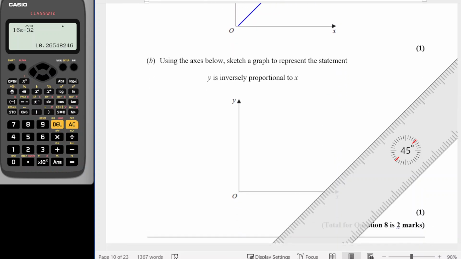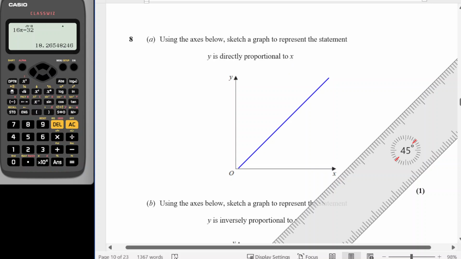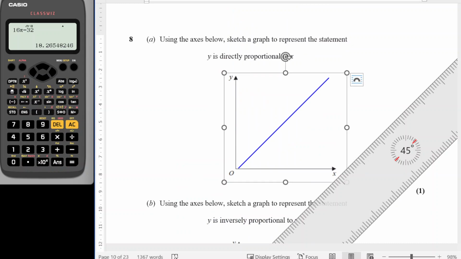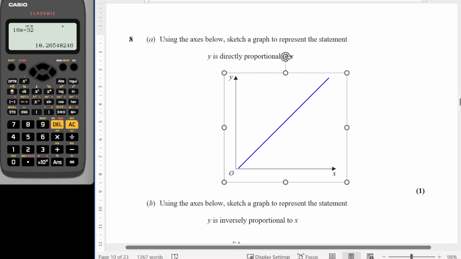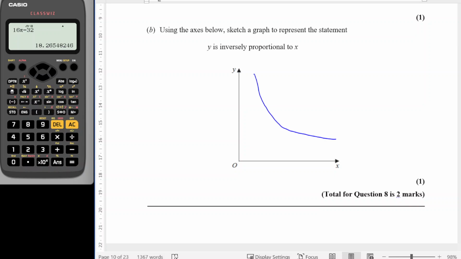Inversely proportional means as one goes up, the other goes down. Got a feeling my sheet's going to be awkward again. Okay, so as one goes up, the other goes down. So that's my inversely proportional one.